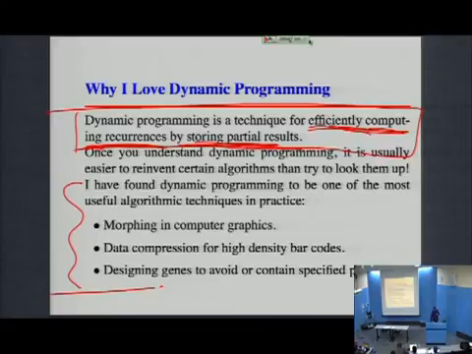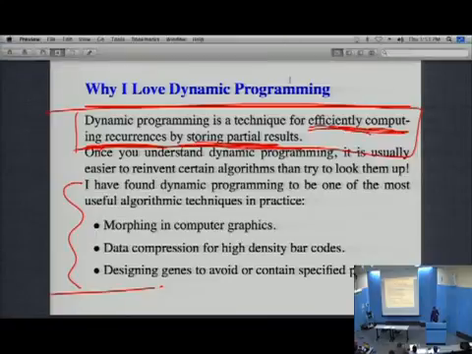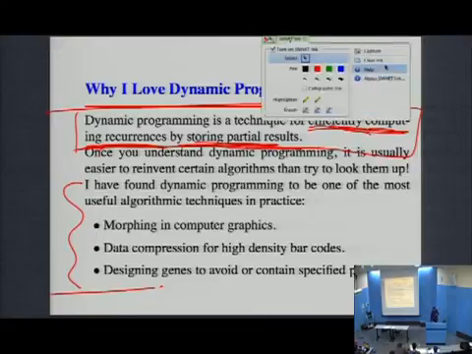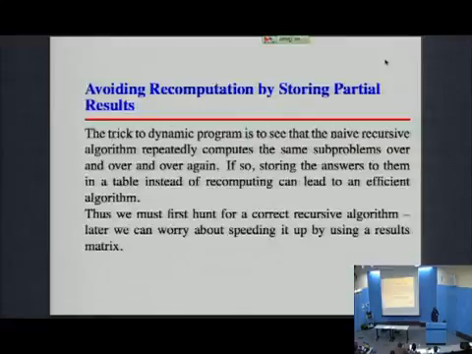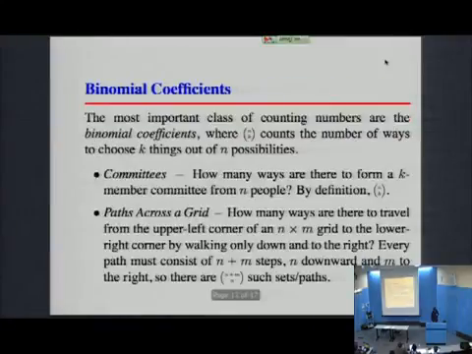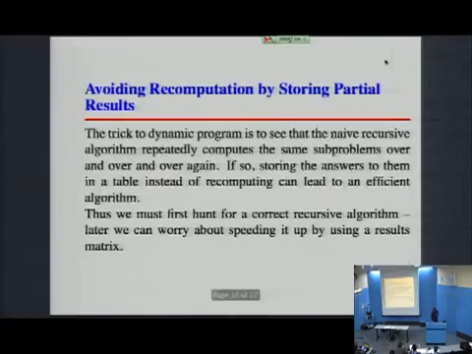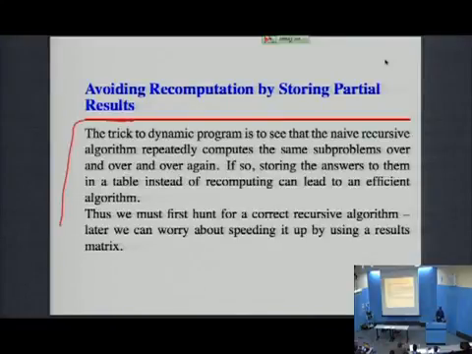But we have just looked at a very, very simple dynamic program. Let's see, what's the philosophy here? I've said this enough times already. The key in dynamic programming is that we take a recursive algorithm.